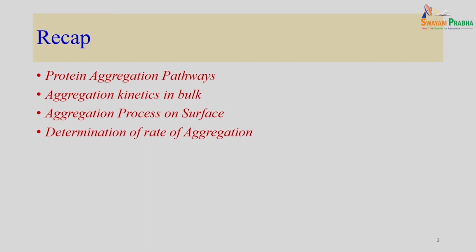Then we also briefly discussed that from the experimental data, particularly the ThT fluorescence assay or residual protein concentration, we can determine the rate of aggregation by fitting a sigmoidal curve or a simple exponential expression or a linear slope during the elongation phase.